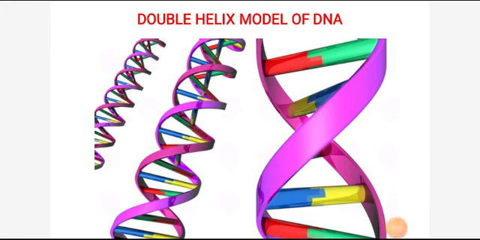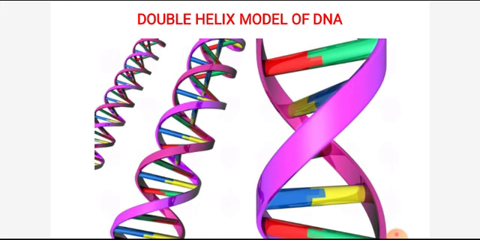Here we study the double helix model of DNA. In 1953, Watson and Francis Crick proposed the double helix model of DNA. According to this model, DNA is formed of two polynucleotide strands.